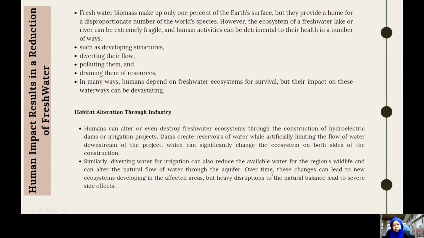Over time, this change can lead to new ecosystems developing in the affected area, but heavy disruption to the natural balance can lead to severe side effects.